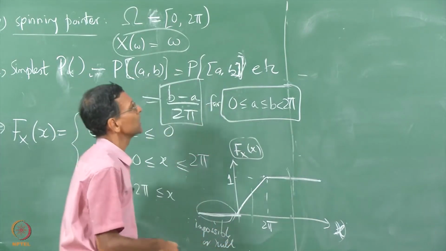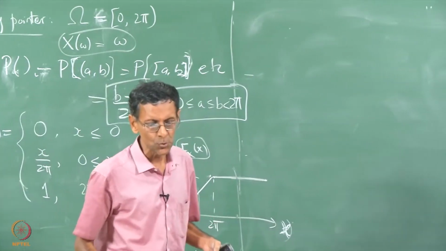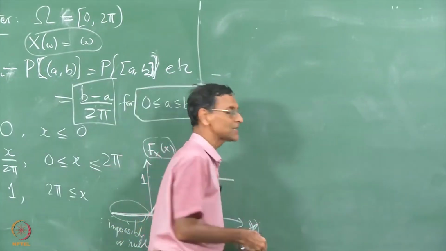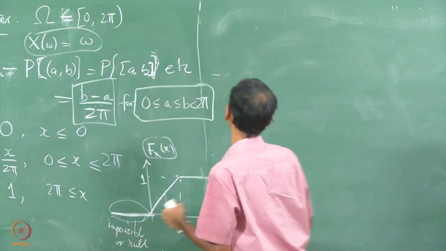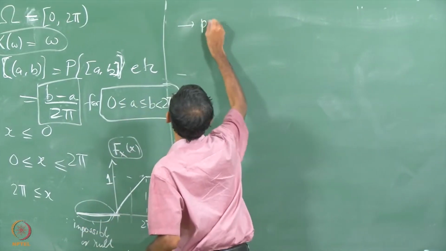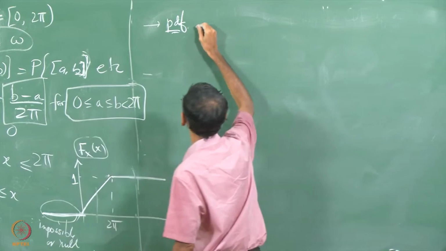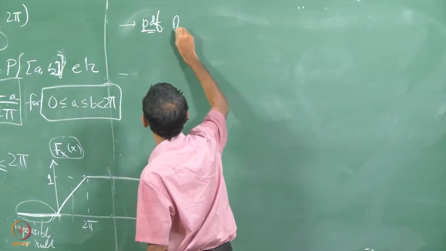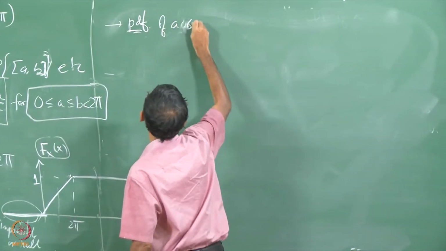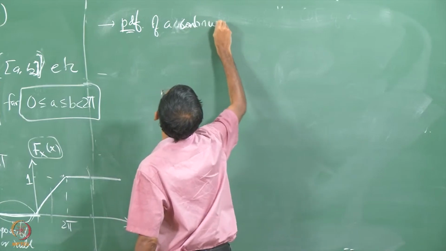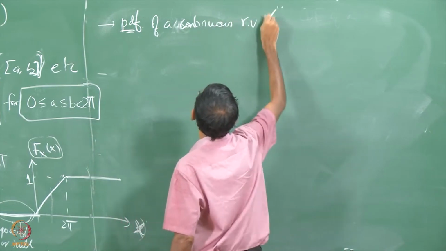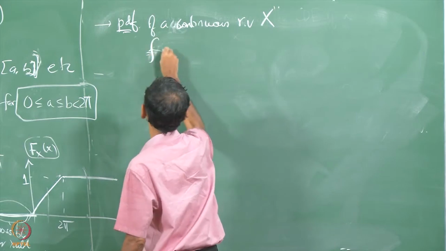So the last thing that we need to clarify is now the density, the PDF, of a continuous random variable. The probability density function of a continuous random variable is basically f_X(x).